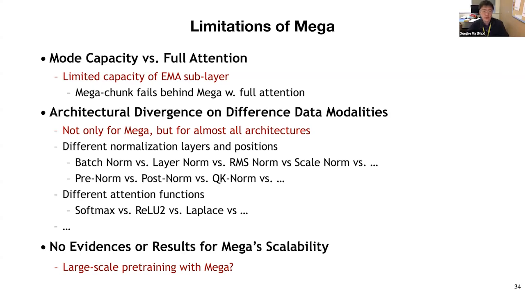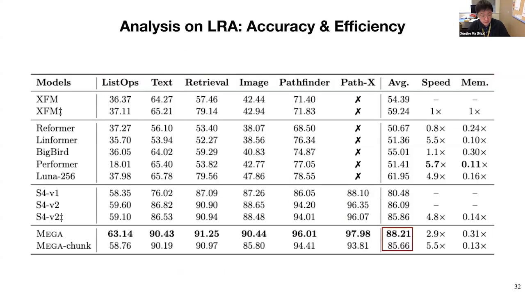Oh yes, that's a good question. The reason why people use different variants of their architecture for different tasks is that on different tasks, if we want to achieve optimal performance, we need to tune these architectural hyperparameters.